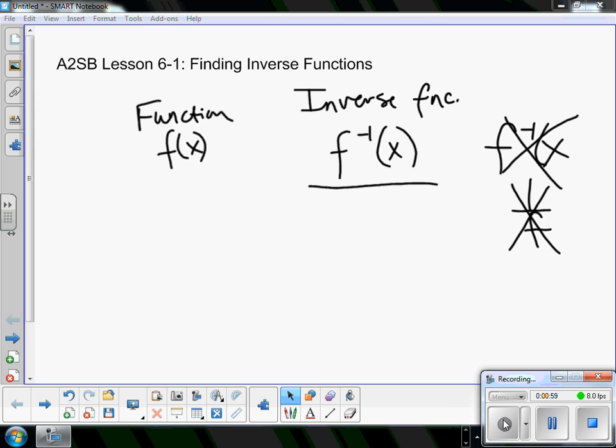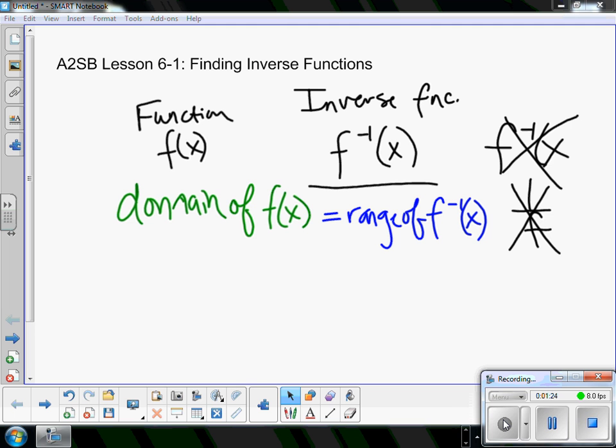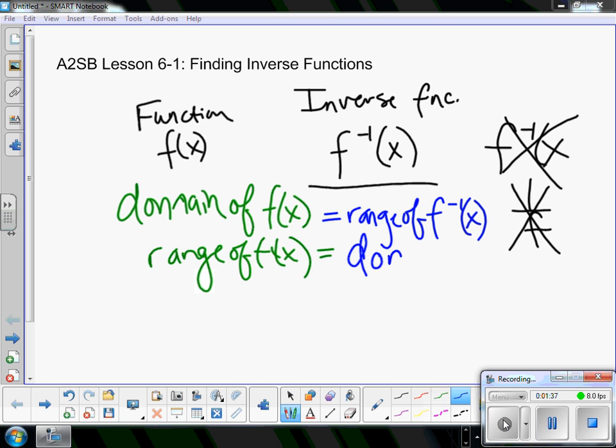A big thing to remember about our inverse functions is that the domain of f of x equals the range of the inverse of f of x, and the range of f of x equals the domain of our inverse of f of x.